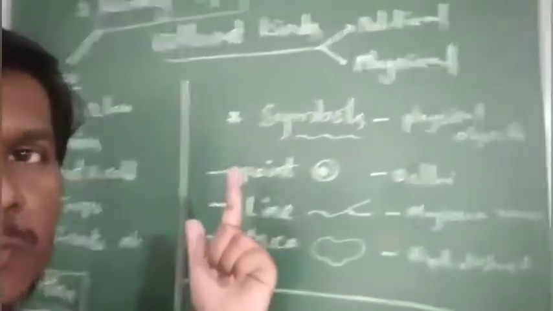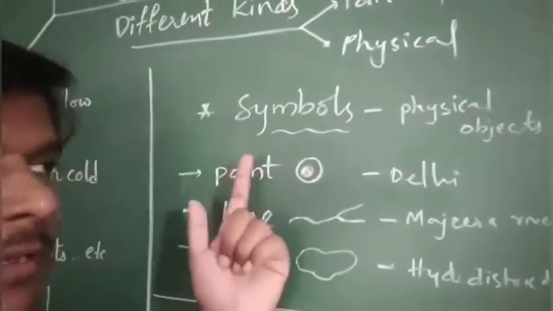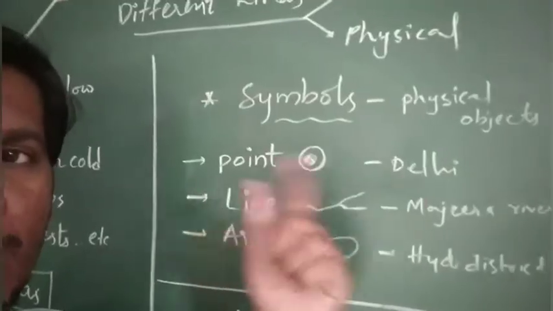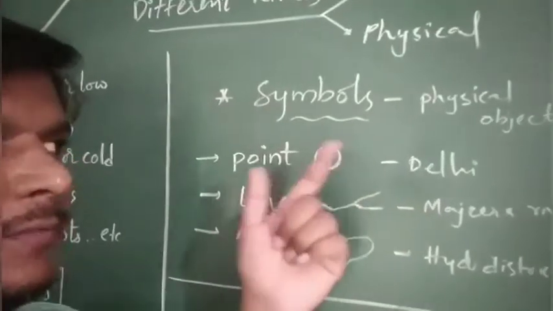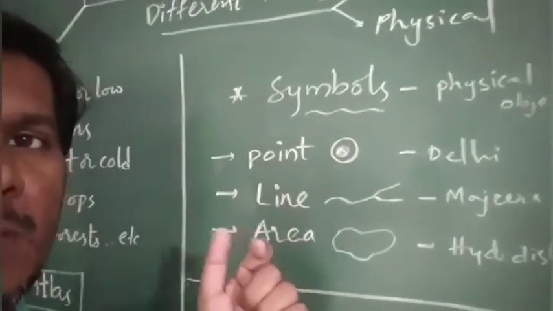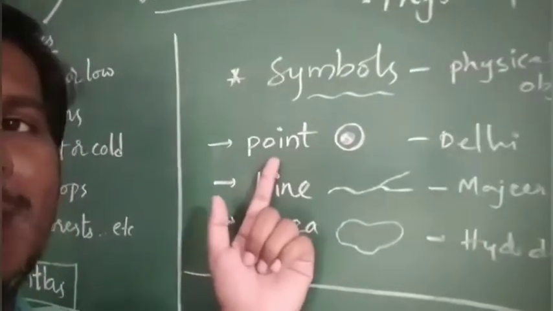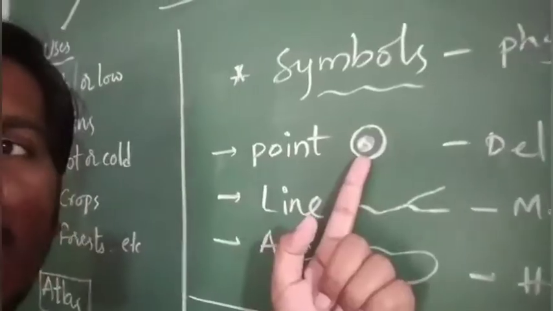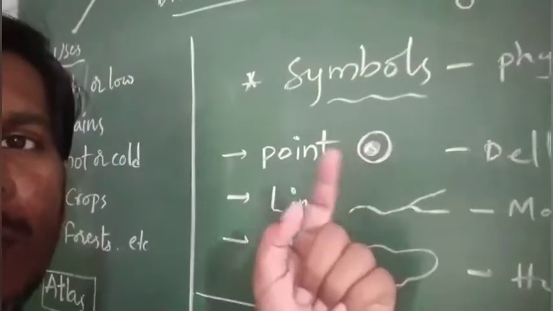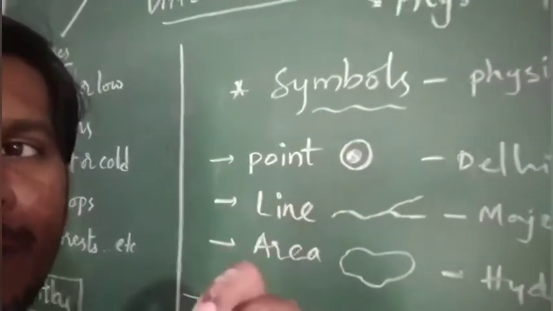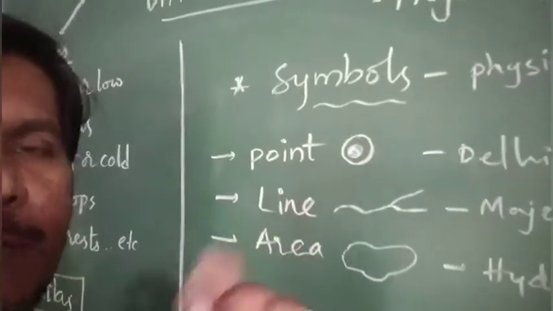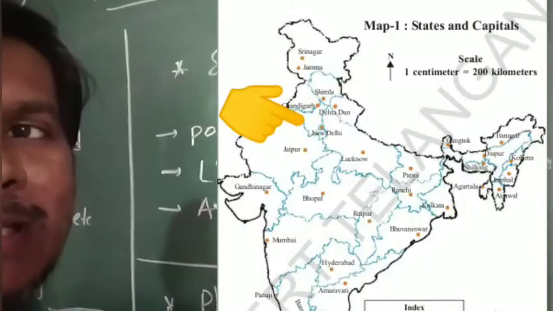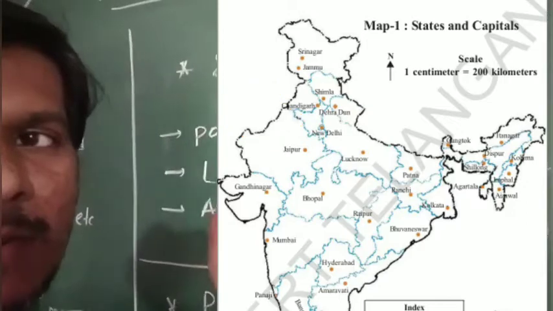Next, symbols we use on a map. On a political map, and on a physical map also, we use some symbols. Major symbols are a point, a line, and an area. Generally, a point is used to locate one particular city, for example Delhi, by pointing it on the north side of India.